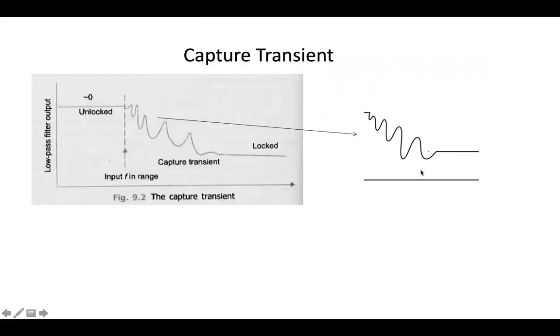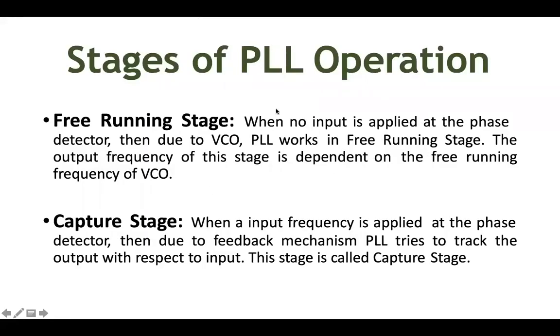So this is called a free running phase, and the phase at which it becomes constant here, right, it's called a capture phase. Okay, so whenever there is no input at the phase detector, then due to VCO, the PLL works in free running stage.